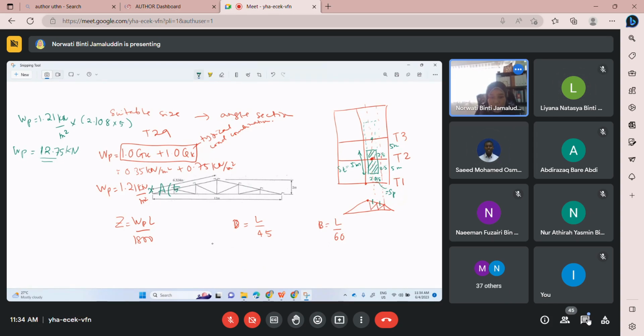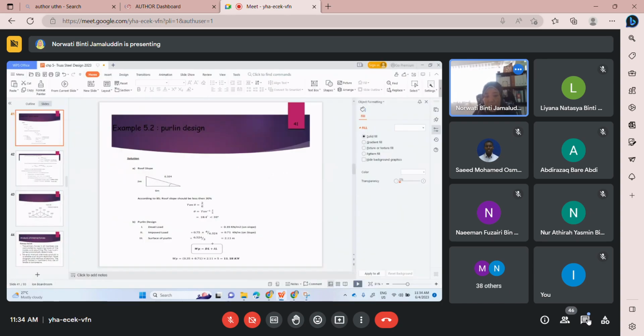Now we can substitute this value into this equation. We have 12.75 times L. What is L? L is the span of the purlin that we consider. Only one span, so 5 meter, but in unit millimeter, as you can refer to the table.